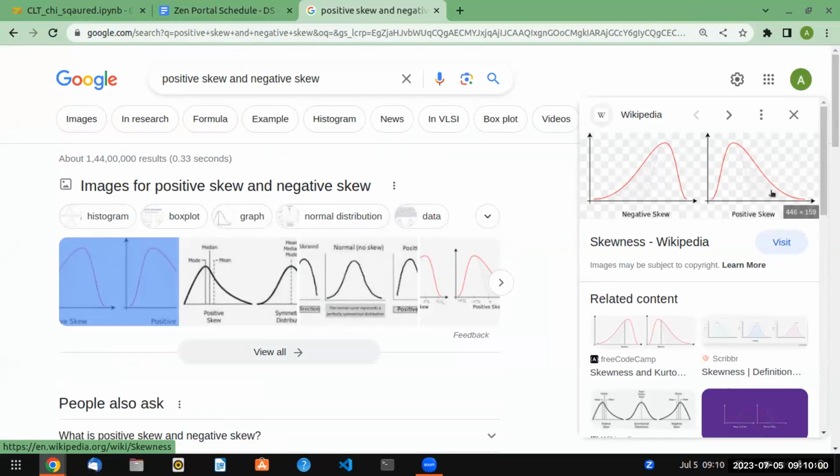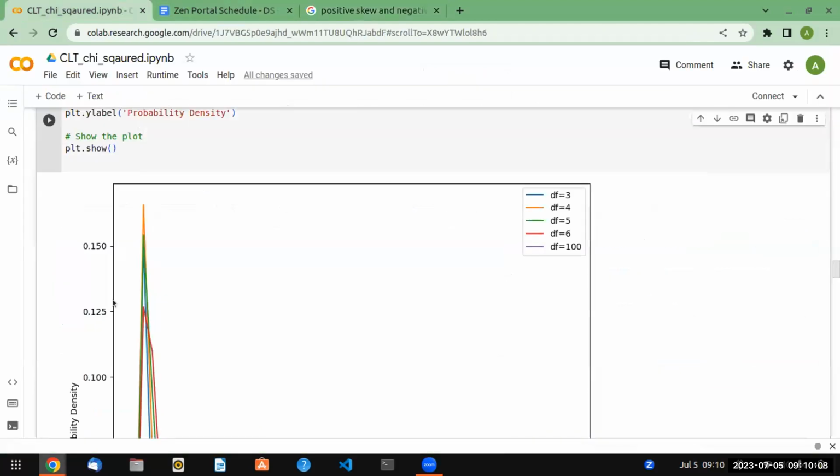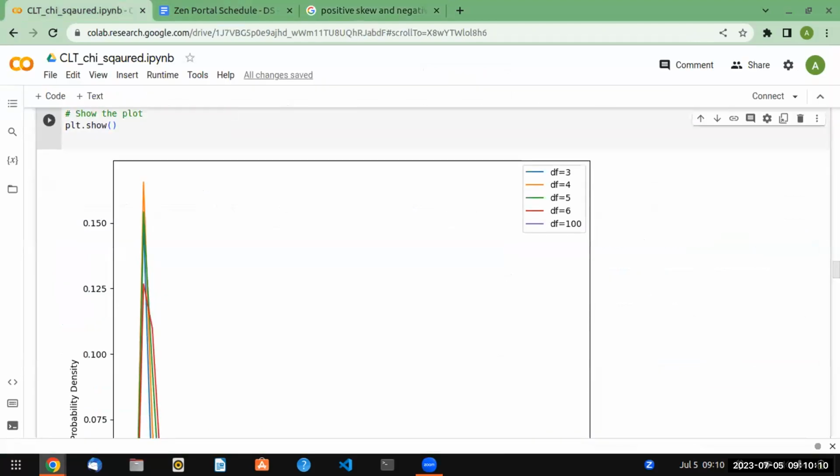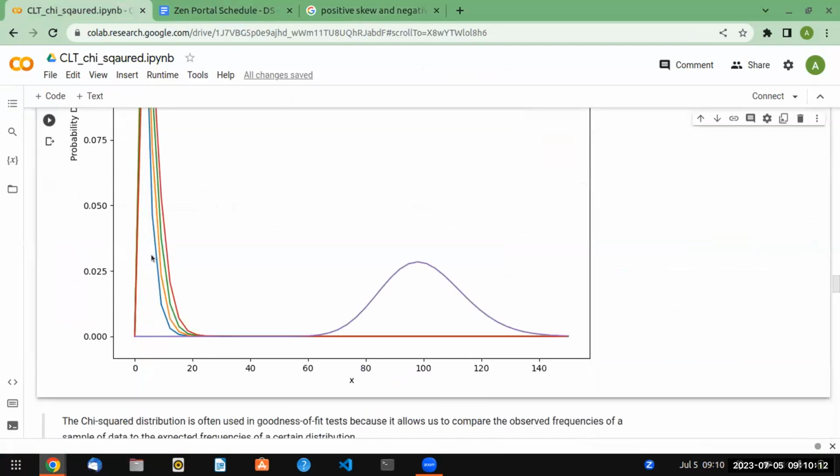So left skewed is negative skew and right skewed is positive skew. In the chi-squared distribution graph, these are positively skewed. But as the degrees of freedom increase, it looks like a normal distribution.